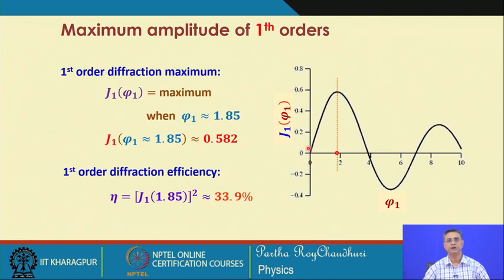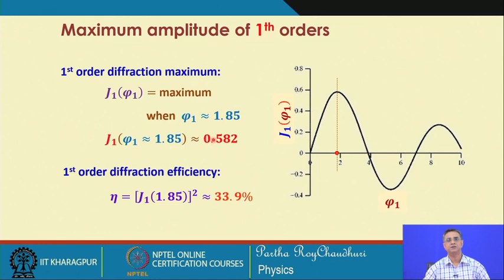So, when you have phi 1 equal to 0, you have no light in the first order diffracted beam, but when the phase change phi 1 is modulated as delta phi equal to phi 1 sine of omega t, or sine of k z, periodically along the length of the acoustic wave.